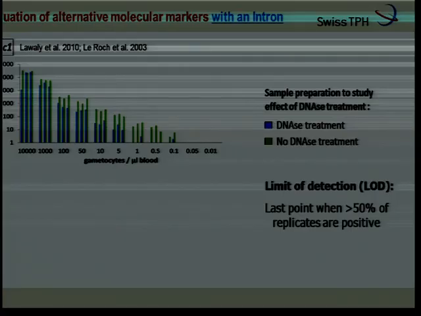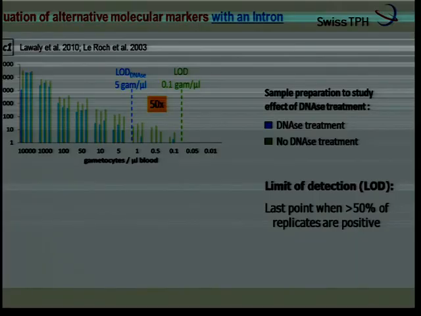So we could assess first the detection limit of other markers, but we also could assess the effect of DNase treatment. We compared with this marker DMC1, which has an intron. We have treated that marker with DNase, and we have also done it straight on RNA, which we can do when the amplicon is spanning the intron.